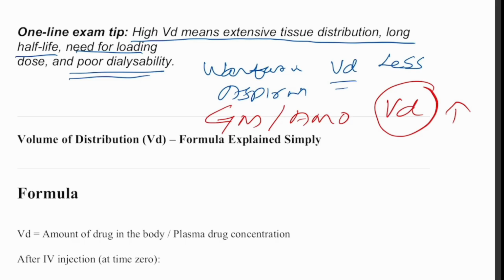And we know about digoxin. Extensive tissue binding of digoxin, so the volume of distribution is very large, more than 100 liters. So high volume of distribution means extensive tissue distribution, long half-life, need for loading, and poor dialysability. That is why digoxin is not dialysable.